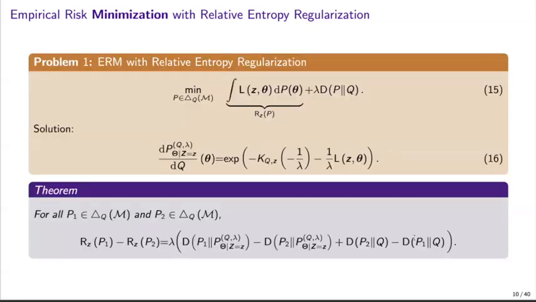The key point is that in the same way we can characterize deviations from the optimal to an arbitrary probability measure, we can also characterize deviations from an arbitrary probability measure to another arbitrary probability measure.